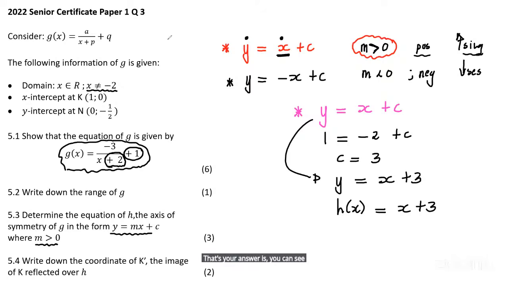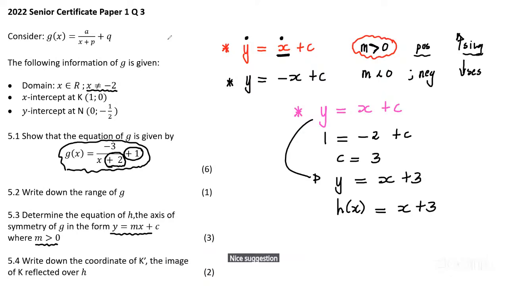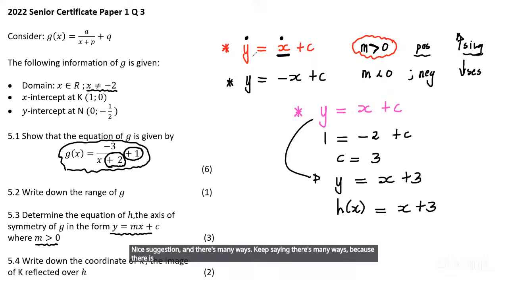Positive axis of symmetry. There's many ways to do it. Somebody says, don't we need to calculate the gradients of the hyperbola and all? Not necessarily. My suggestion, and there's many ways, y is mx plus c, and if I'm looking for the positive axis of symmetry for a hyperbola, y is x plus c.